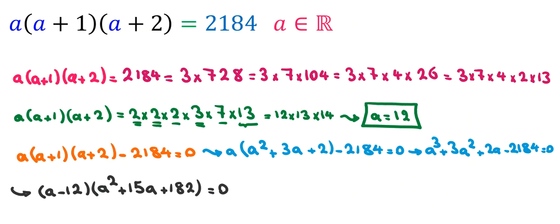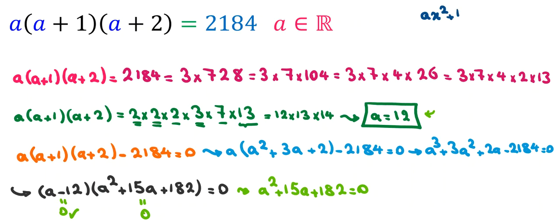So the first term is 0 or the second term is 0. If the first term is 0, we've checked it here. If the second term is 0, then we conclude a squared plus 15a plus 182 equal to 0. Now we use the quadratic equation.